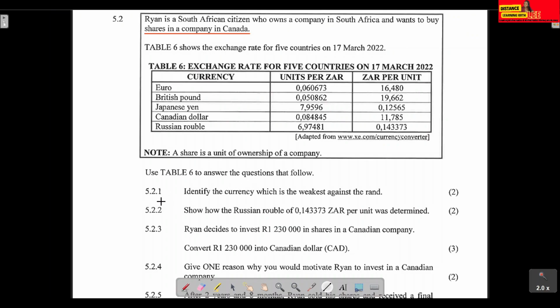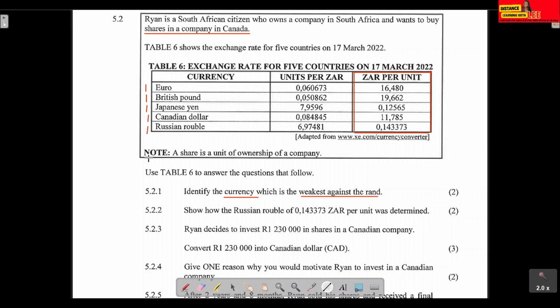Question 5.2.1 says: identify the currency which is the weakest against the rand. How will we be able to identify the currency that is the weakest against the rand? I'm going to use the last column to help me answer this question. We did mention that in the last column we are told how many rands you will need for 1 unit of each of these currencies.